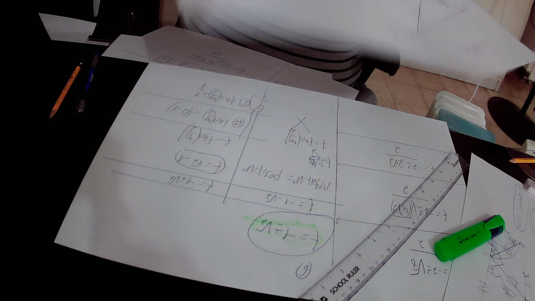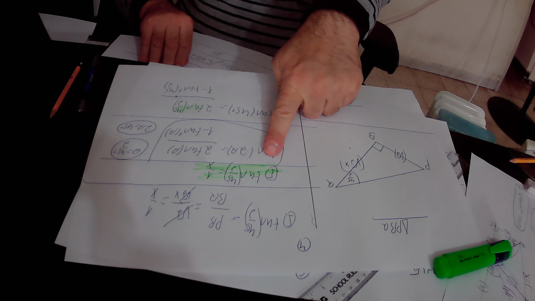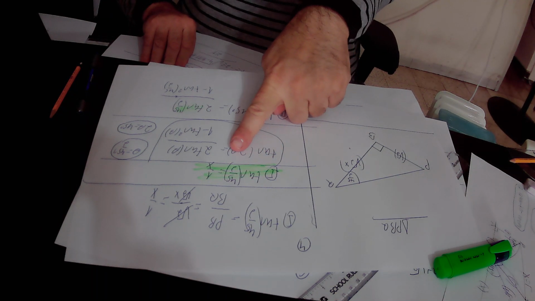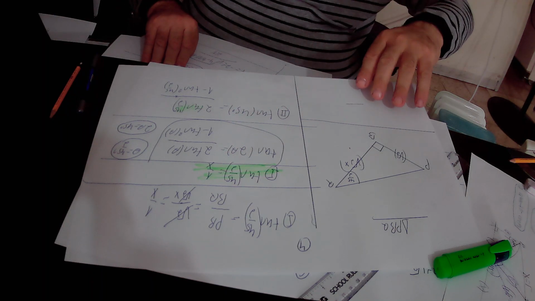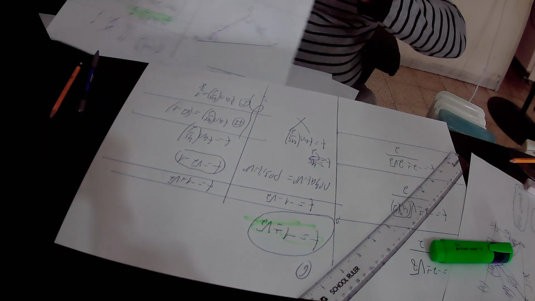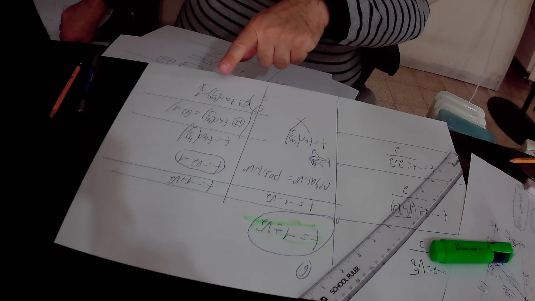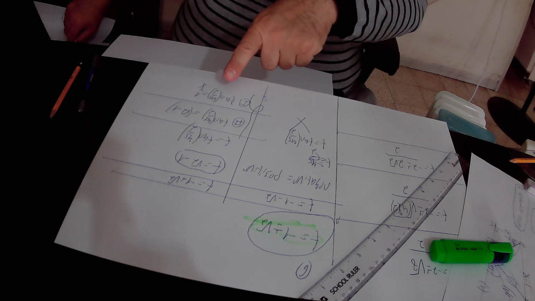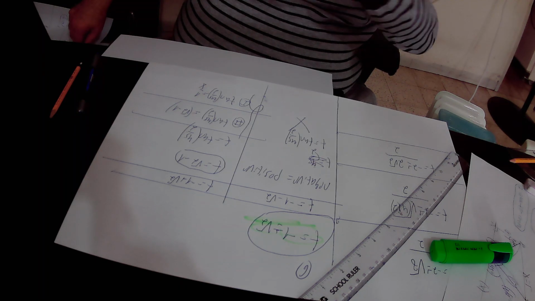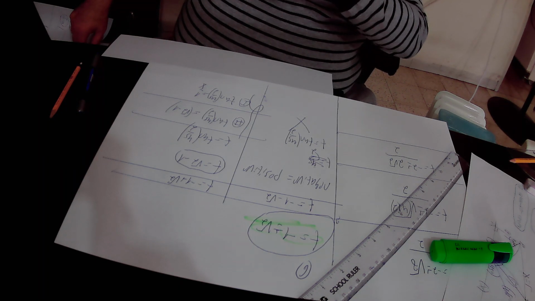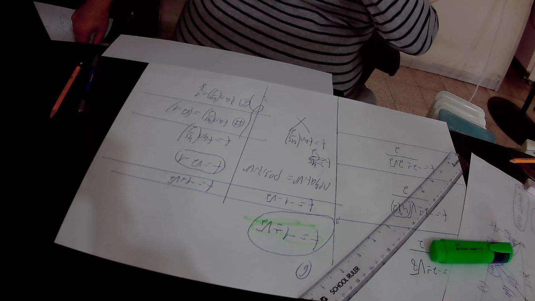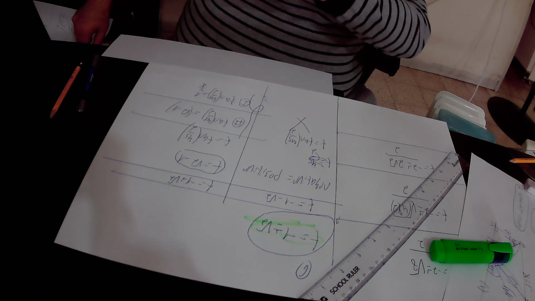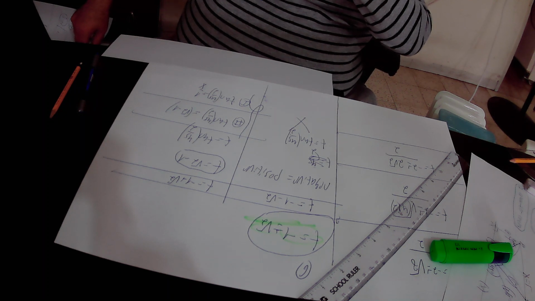We have already found out that according to equation number 1, tangent 45 over 2 degrees equals 1 over x. And tangent 45 over 2 degrees also equals the square root of 2 minus 1. So we have two different expressions for tangent 45 over 2 degrees.